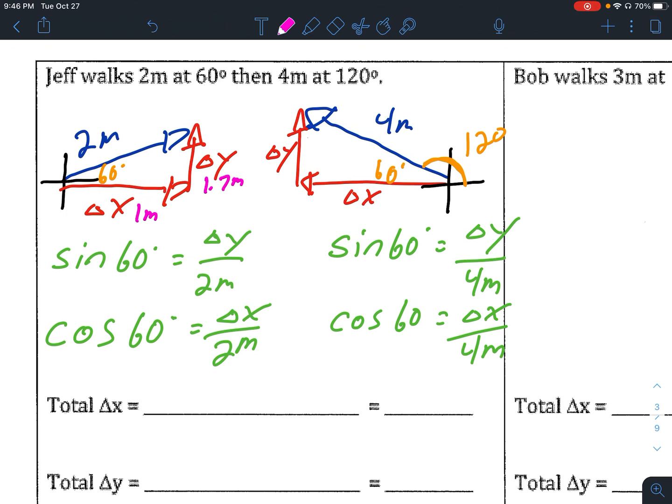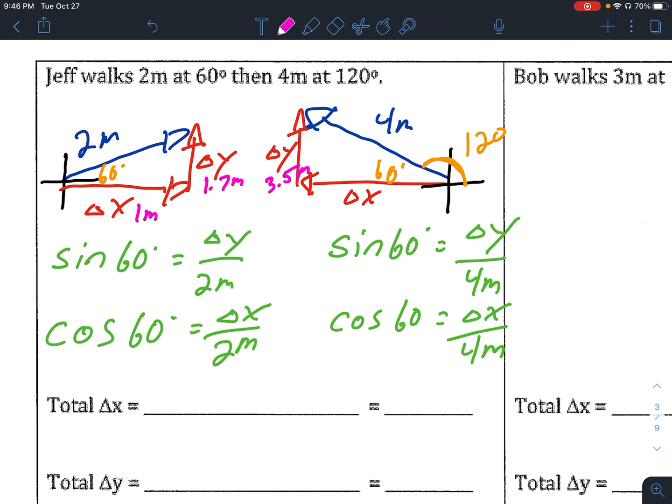I just want to confirm something real quick because I was looking at my work from earlier and may have noticed something, a flip-flop thing, so just want to be clear. Okay, so that's why I did that. Yep, we're all good. And then for our 4 meters at 120, we go through, plug in our trig functions, and we get 3.5 meters.